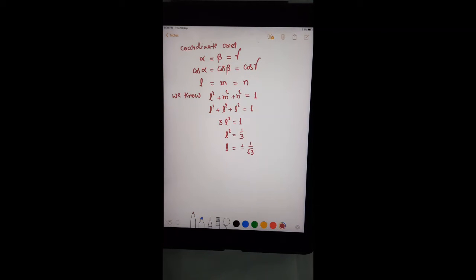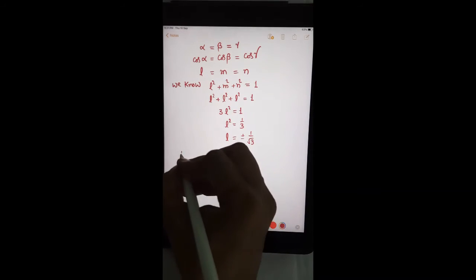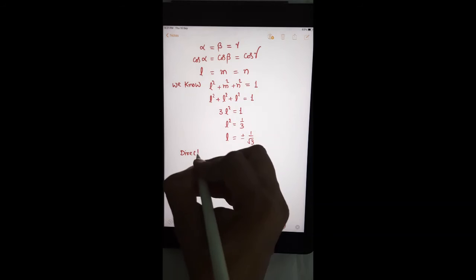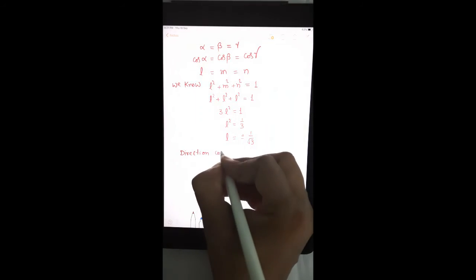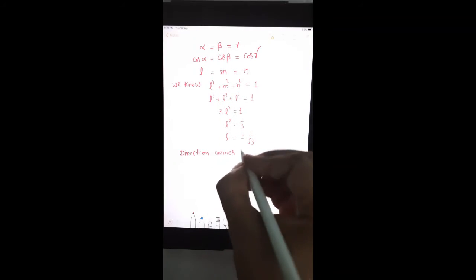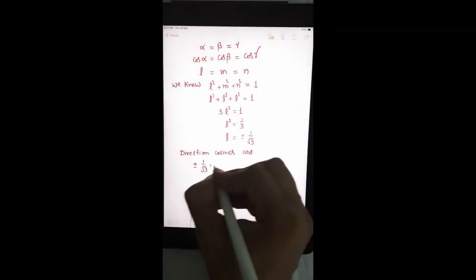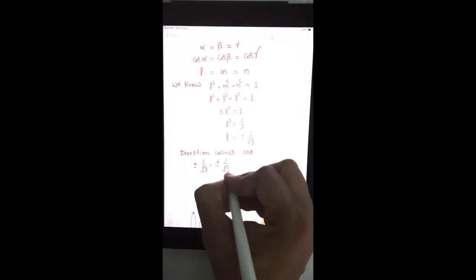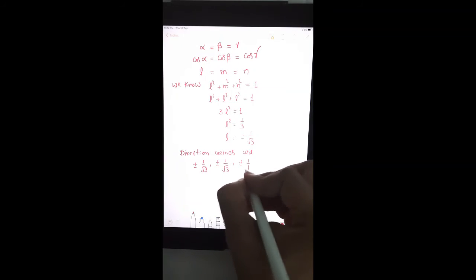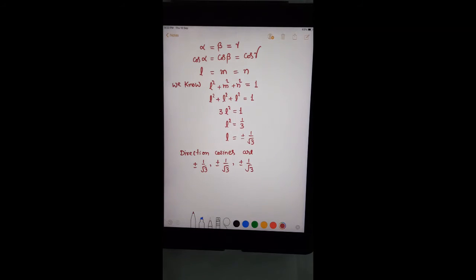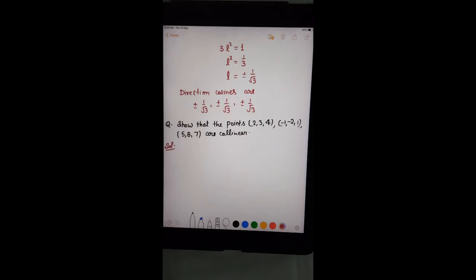We have l equals m equals n, so the direction cosines will be plus minus 1 by root 3, plus minus 1 by root 3 and plus minus 1 by root 3. So these are the direction cosines of a line which is making equal angles with the coordinate axis.